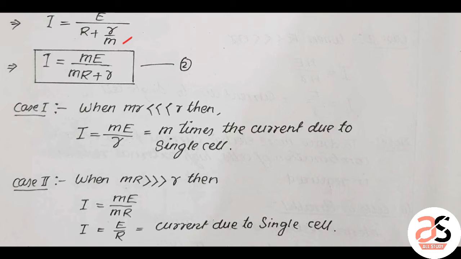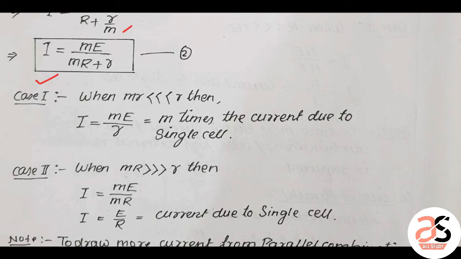The number of cells. So I equals ME by MR plus r. This is the expression for the current drawn by the external resistance when M cells are connected in parallel.